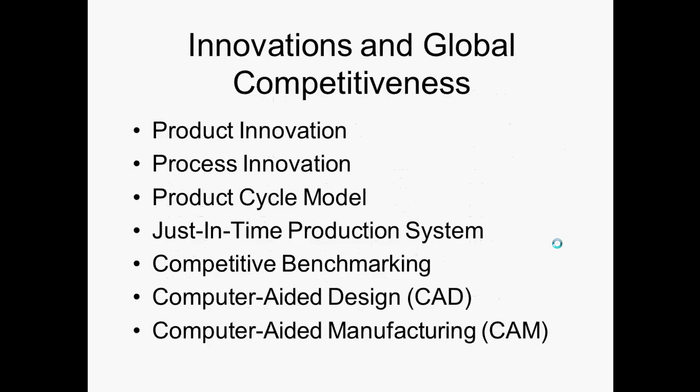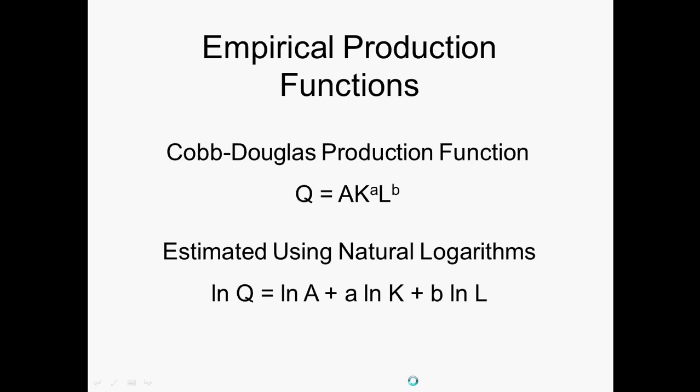So if you go back, by the way, to the Cobb-Douglas production function, in this case, the output elasticity of capital is A. Output elasticity of labor is B. It's maybe a little bit tricky to demonstrate why that is, but if you increase your capital, for each 1% increase in capital, there will be an A percent increase in Q. So if A is 0.3, there would be a 0.3% increase in quantity.